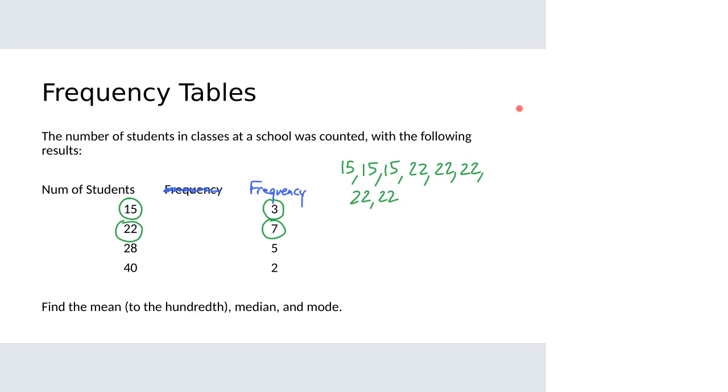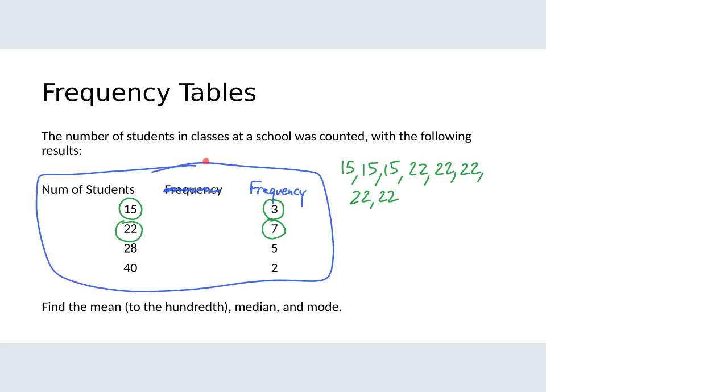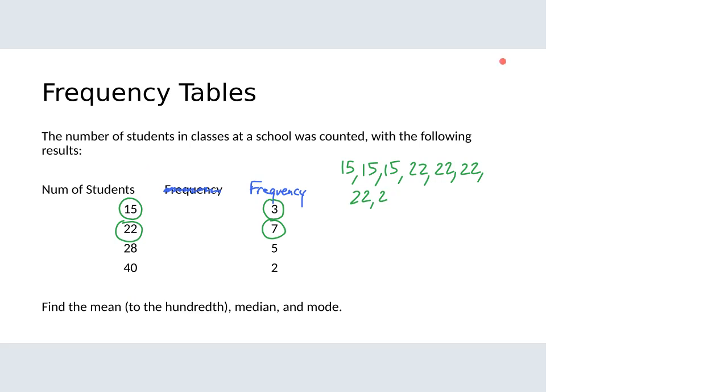But that's kind of the beauty of this frequency table. This frequency table allows me to see the entire data set without having to write out every single individual data point. Great when we have a whole bunch of data points that are the same as each other, like we do here. This data set is made up of 3 15s, 7 22s, 5 28s, and 2 40s.